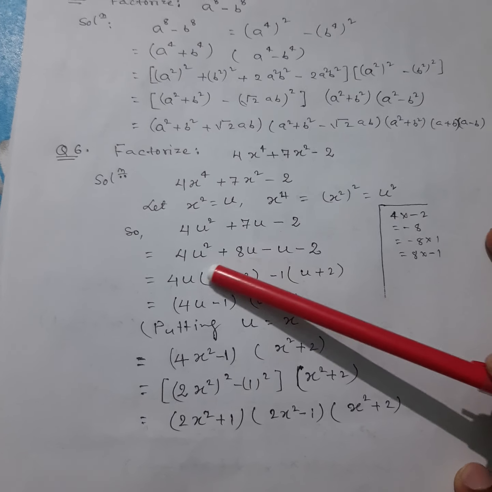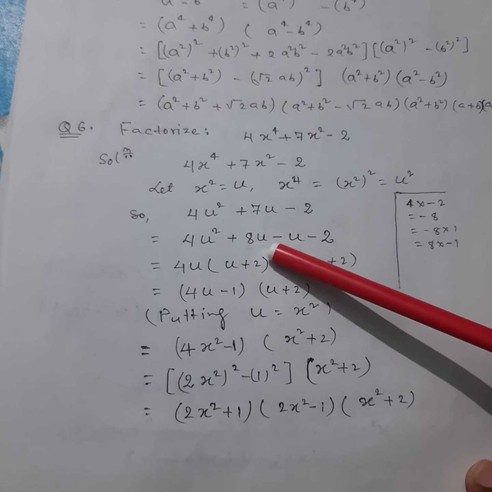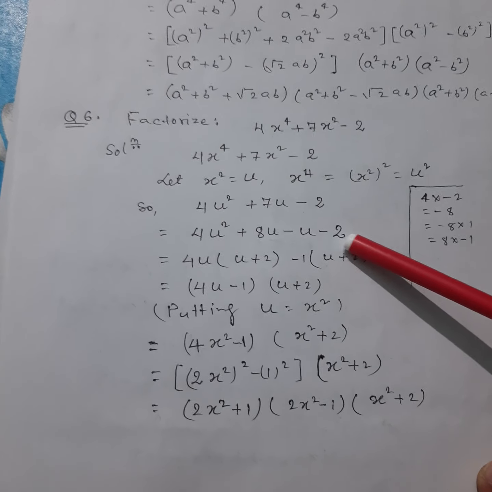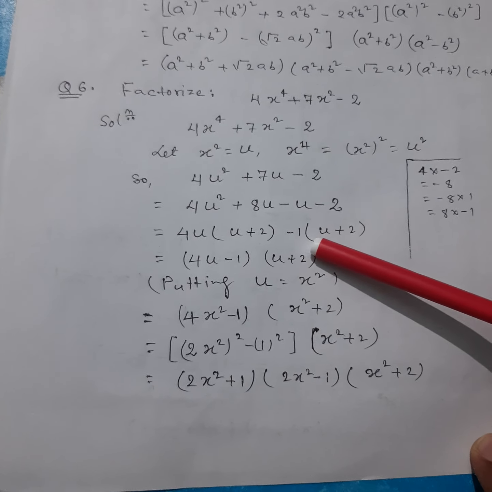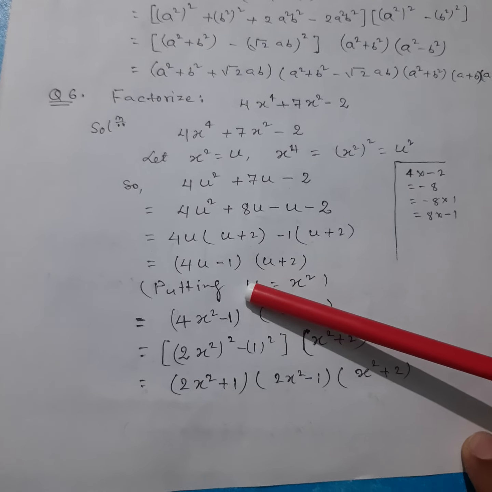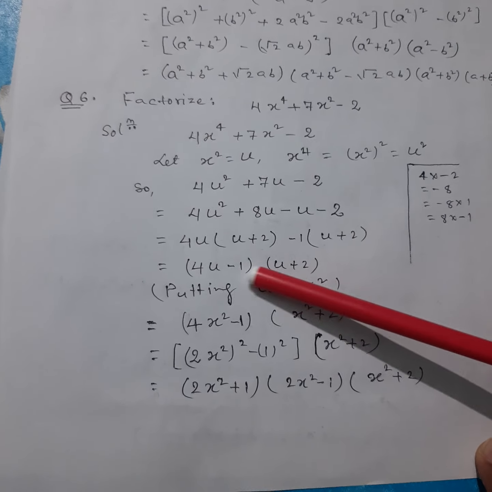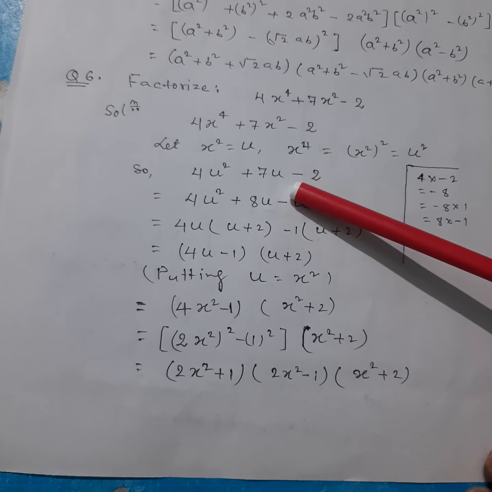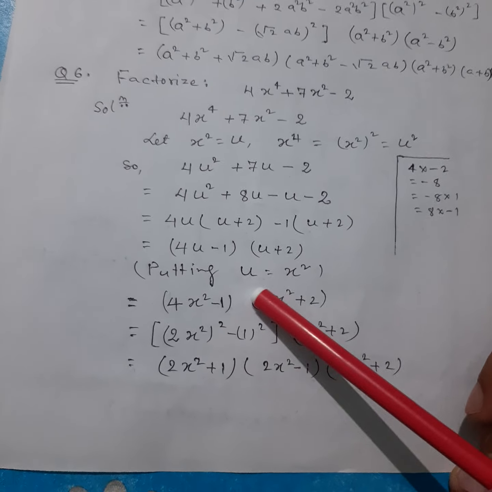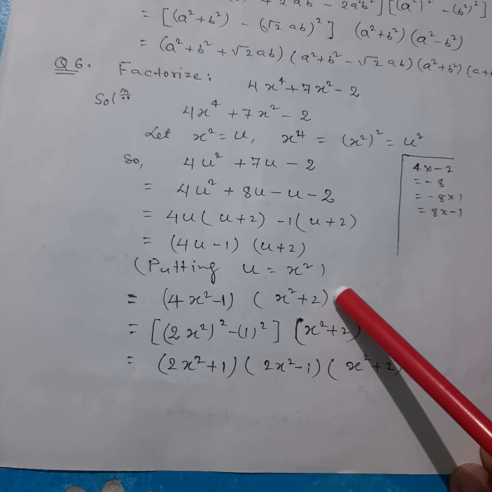Splitting the middle term, we write 4u² + 8u − u − 2, taking common 4u in the first two terms and −1 in the second two terms. We get one factor u + 2 and the second factor 4u − 1. By putting the value of u, we get 4x² − 1, x² + 2.